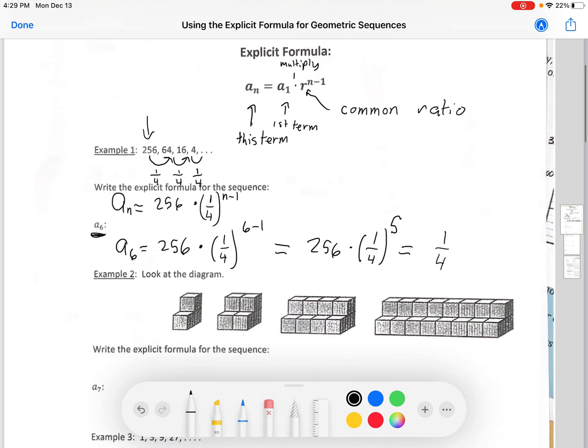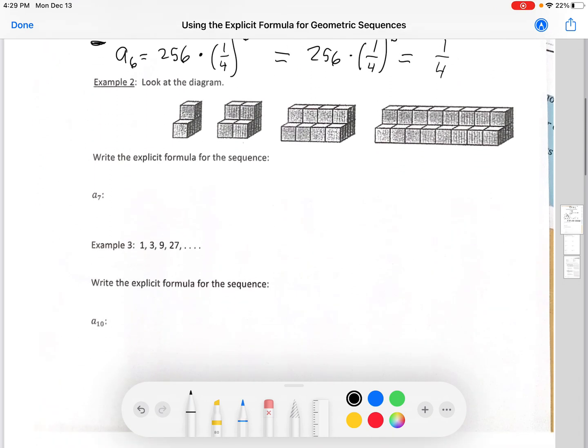Let's keep going. We have a picture diagram. There are 3 blocks in the first one, 6 blocks in the next one, 12, and 24. So our first term is going to be 3, and it appears that we're doubling each time. So our common ratio is going to be 2. Let's write our formula.